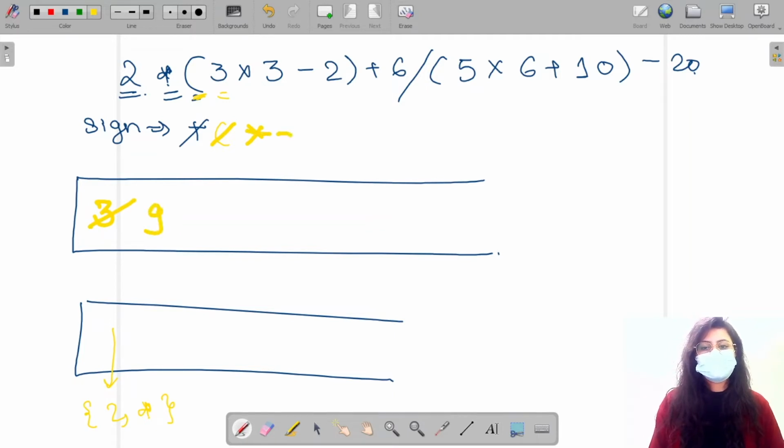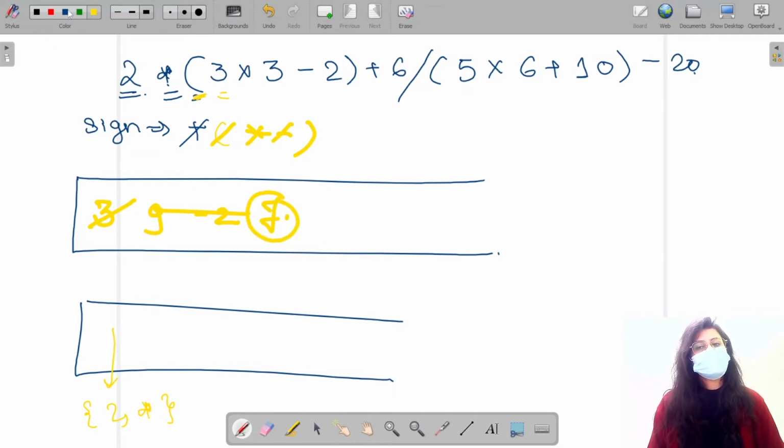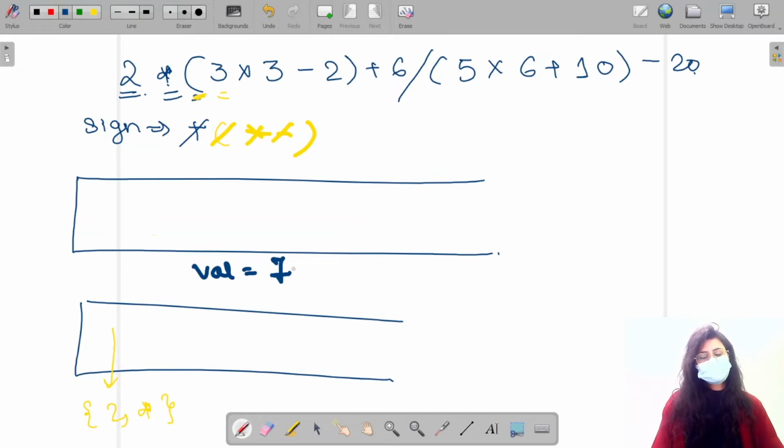Then minus operator came, minus 2, this would give 7, right? Parenthesis closed, 7. 7 will be stored in a value. So make the stack empty and value will contain 7 now, right?